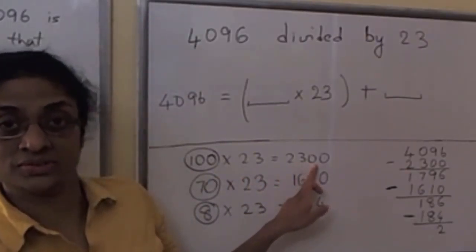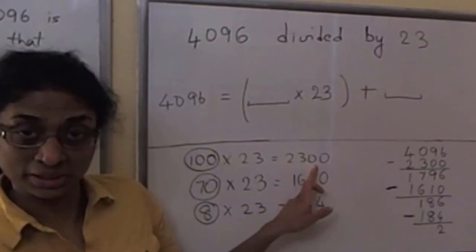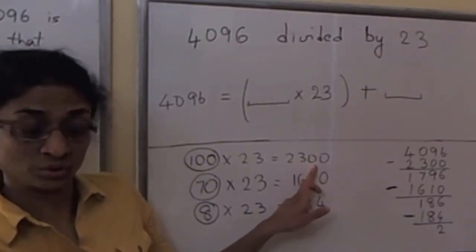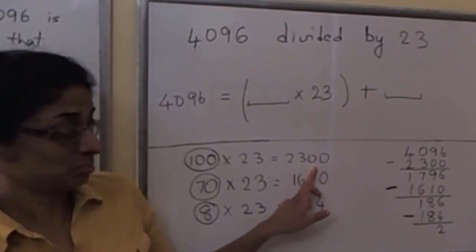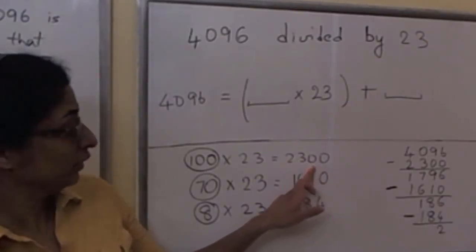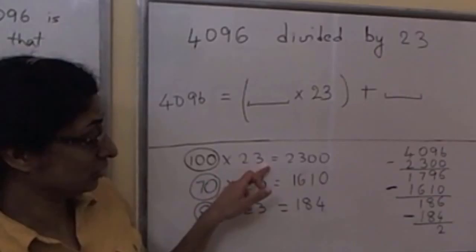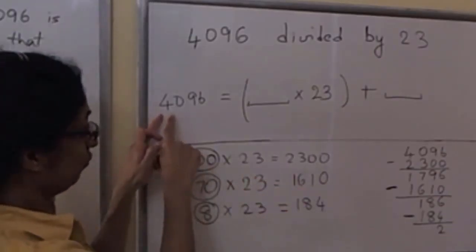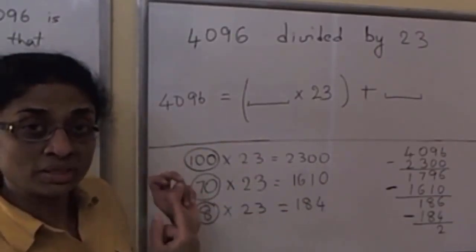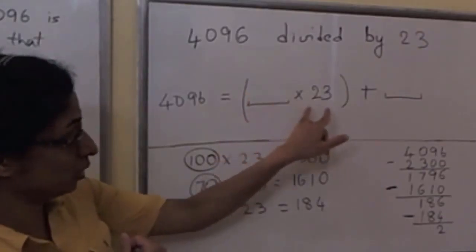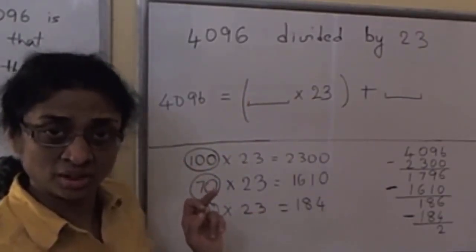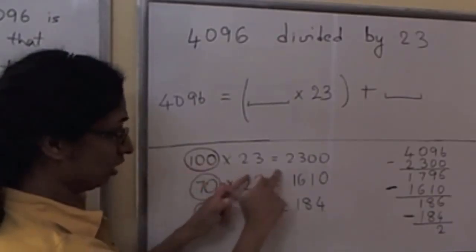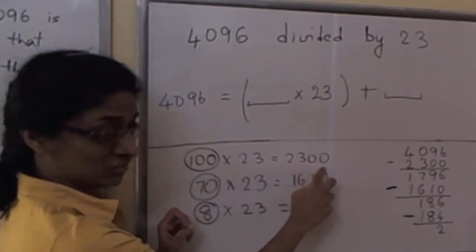Then we ask ourselves, how about 200 copies of 23? Would that work? Does 4096 have 200 copies of 23? A simple calculation will show you 200 times 23 is 4600. We go over it. So we can mentally estimate the maximum number of copies of 23 is between 100 and 200. So here we have 100 copies of 23 is 2300.